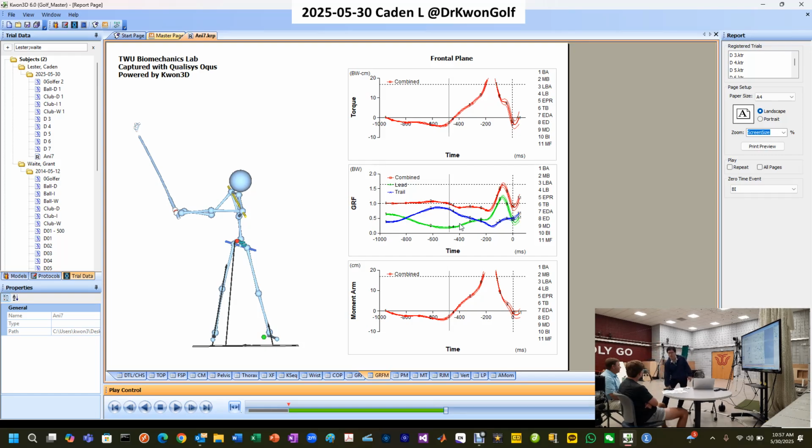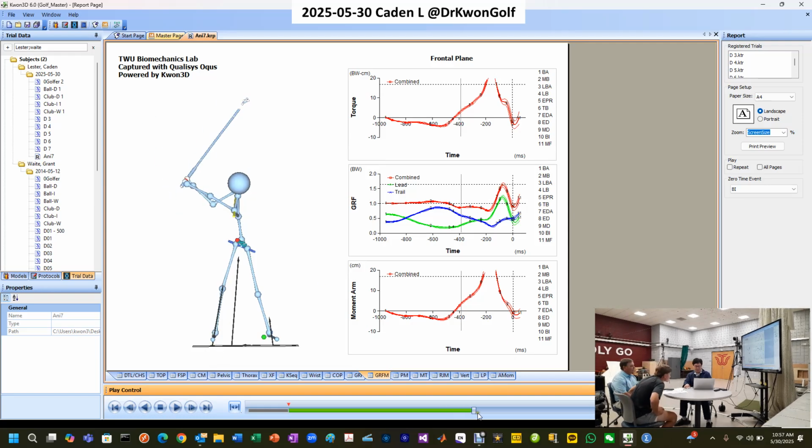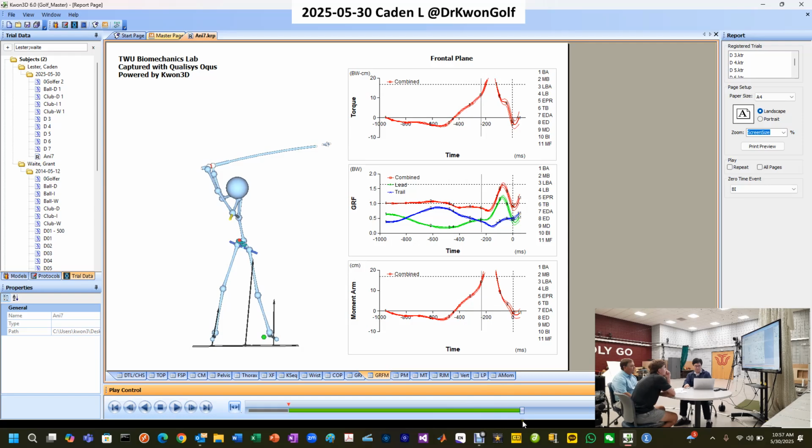That way, you'll be able to maintain the force on the trail side well. So let's not forget it. We can practice that today a little bit. So here it's important to maintain more force on the trail side throughout the entire backswing here. But in your case, the force is already upright.